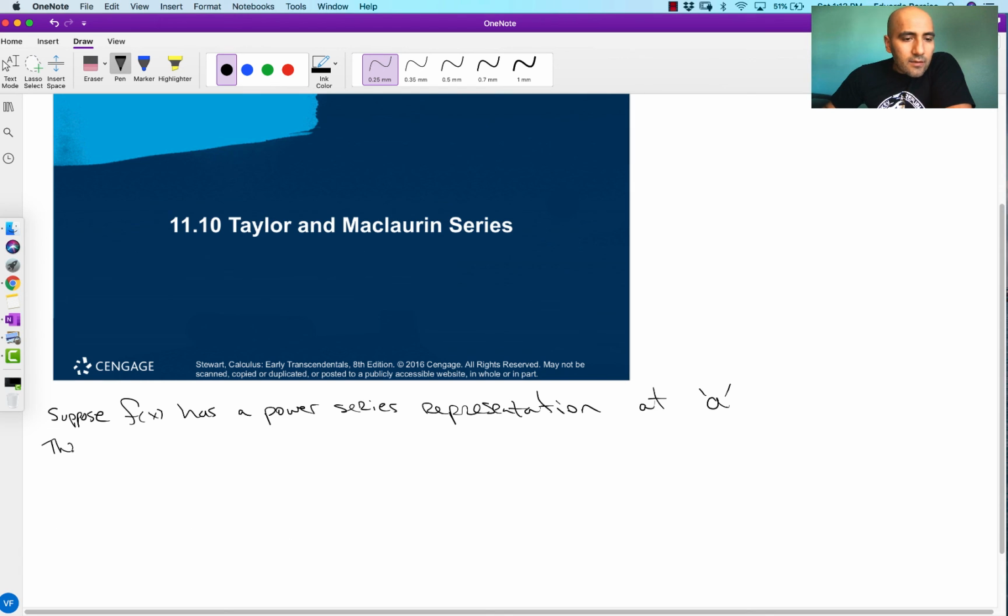Then f of x can be expressed as a power series, the sum from n equals 0 to infinity of c sub n times (x minus a) to the power of n, for the absolute value of x minus a less than capital R.